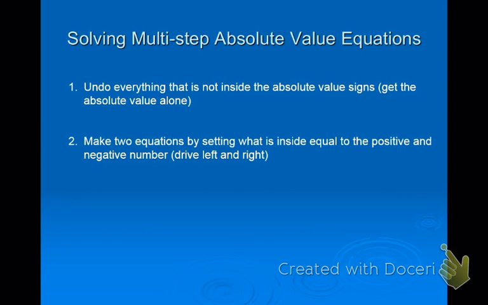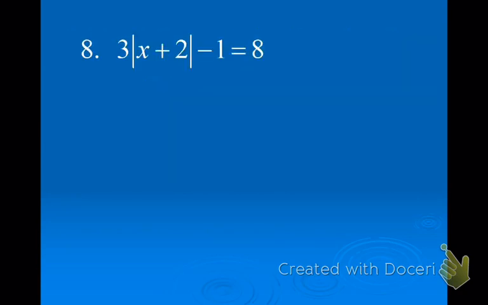Okay? So, here's kind of what I mean. Here's what I suggest you do until you get really, really comfortable. We're going to do this the exact same way we would if instead of the absolute value of x plus 2 being here, it was just one giant x.